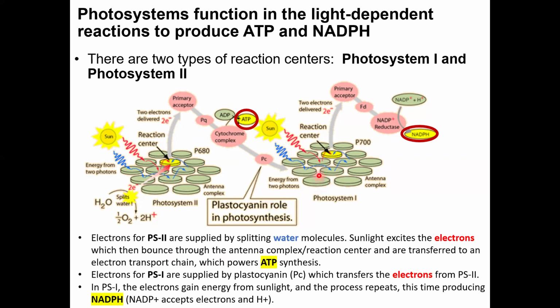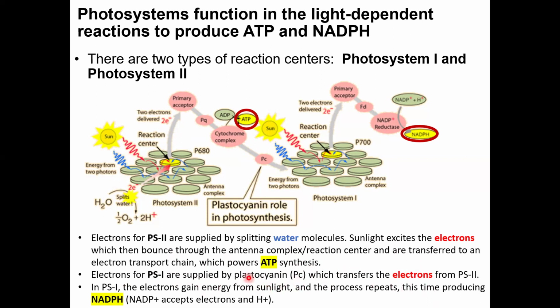Then with photosystem 1, the electrons are supplied by plastocyanin, which transfers the electrons from photosystem 2.